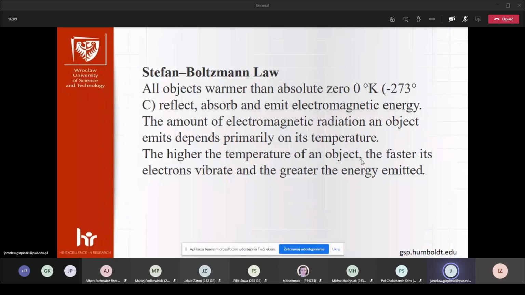But he noticed that if the temperature of this black box is greater than zero, it emits electromagnetic radiation. And the amount of this emitted energy depends on the temperature. If the temperature is higher, then the object emits more energy.